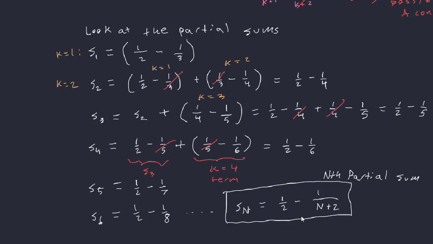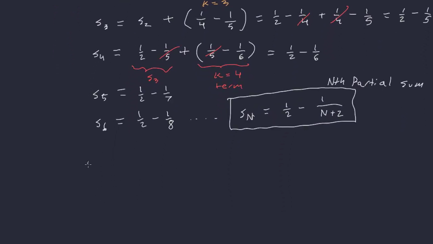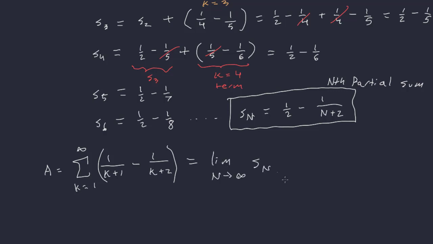Now, how that's helpful is now our series, which I called A, the series k going from 1 to infinity of 1 over k plus 1 minus 1 over k plus 2. Well, we established that this is the limit as n goes to infinity of Sn. That is what we established with saying that the series only converges if the sequence converges.